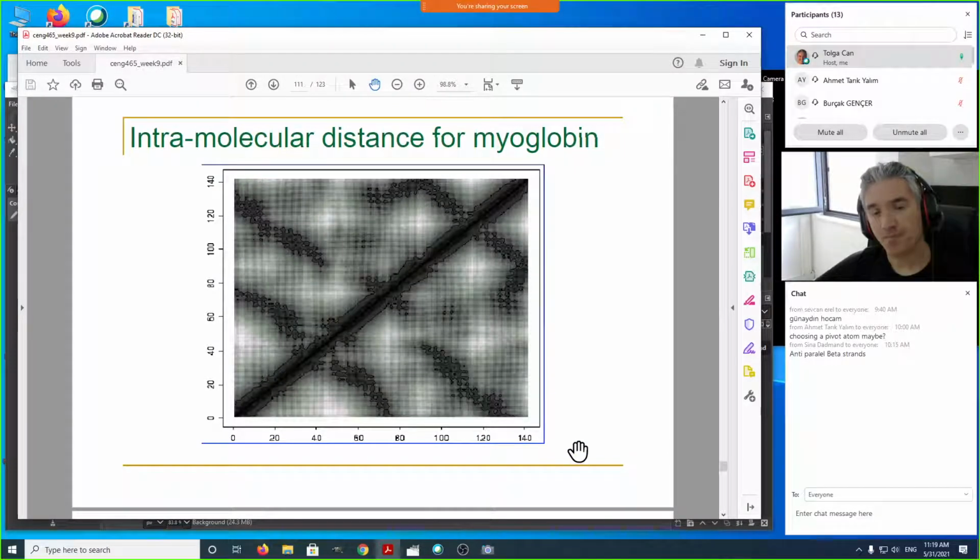How do you think a parallel beta sheet, a set of beta strands which are parallel, is going to appear in such an intramolecular distance matrix? You may write in the chat box. If I have in some part of my structure a parallel beta sheet, how is it going to appear in this intramolecular distance matrix?